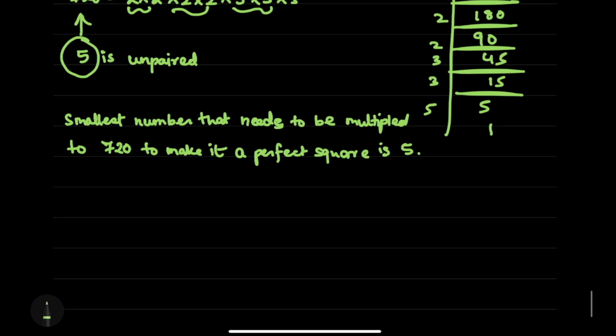And sometimes they ask you what would be the perfect square. So you would say the perfect square would be 720 into 5, and that value comes out to be 3600.